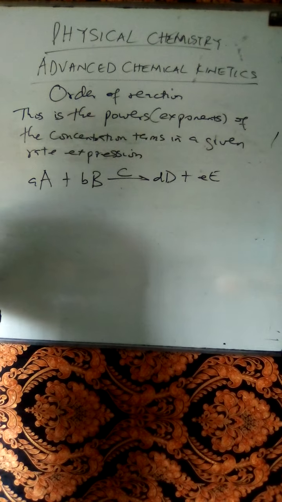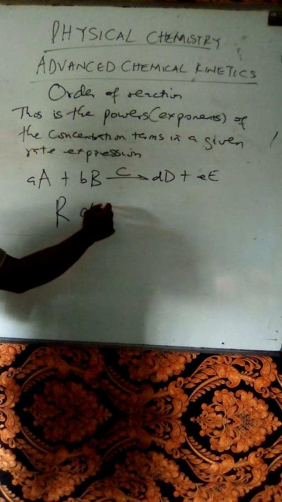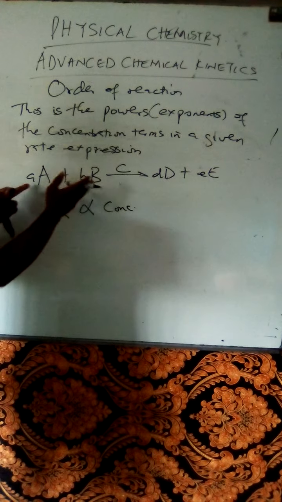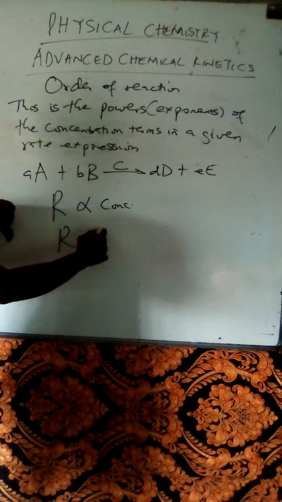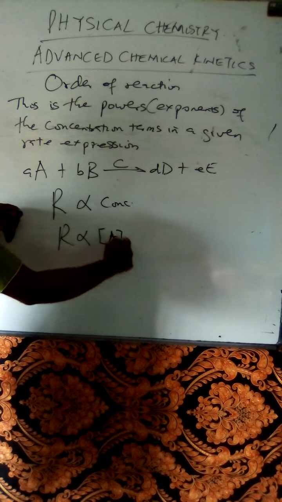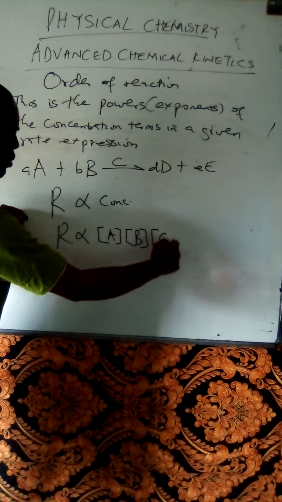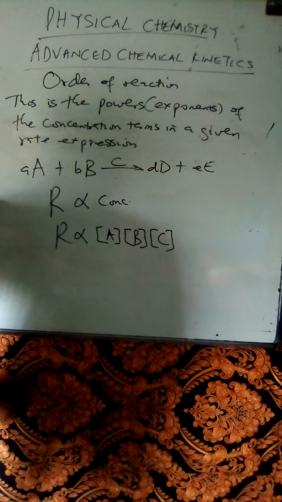I will know in chemistry, rate of reaction is directly proportional to the concentration of the substances. So let's write, with respect to the reactants, we can now say rate varies directly as the concentration of A, that of B, and that of the catalyst. So we're going to bring in new terms here.